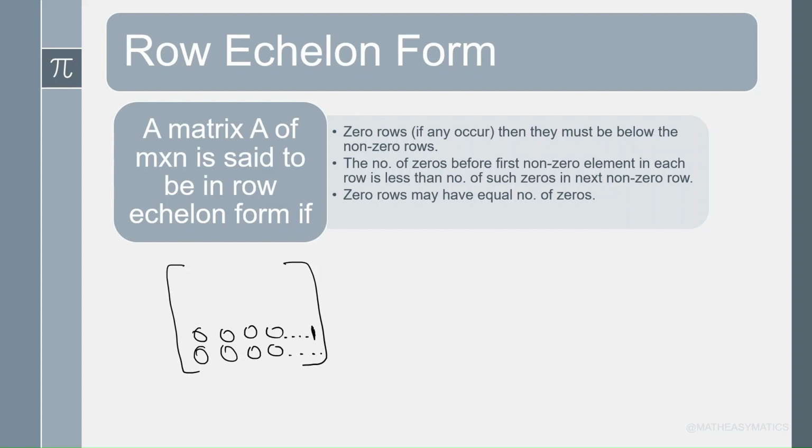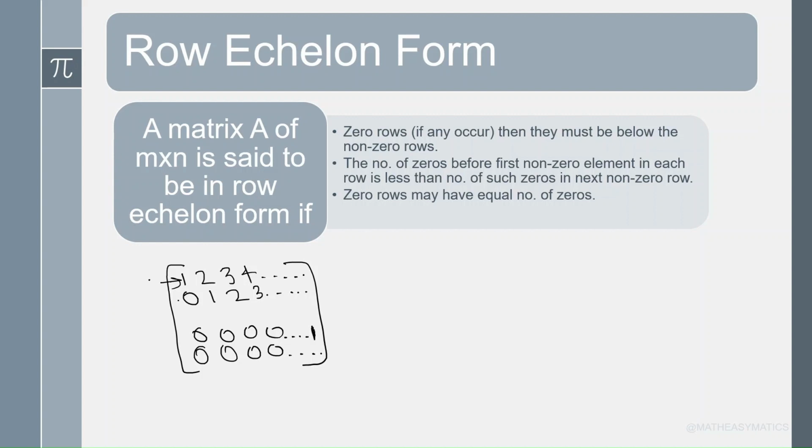Second point is number of zeros before first non-zero element in each row is less than number of such zeros in next non-zero row. Let's take 1 2 3 4 and something, and here 1 2 3 and something. Here we see that number of zeros in this row is less than the number of zeros in this.